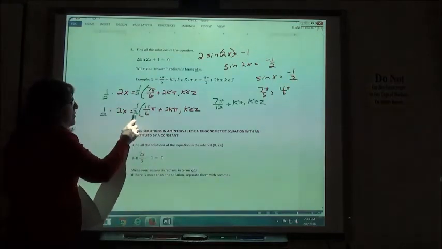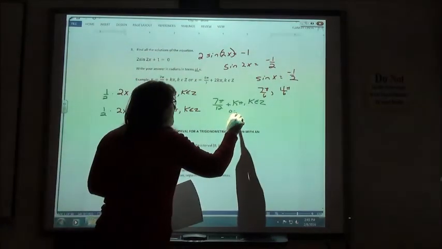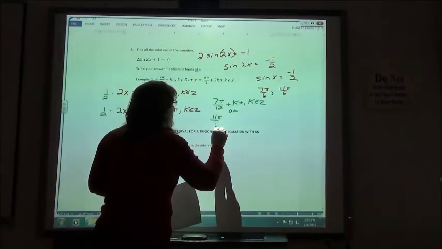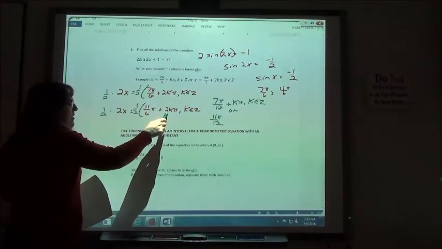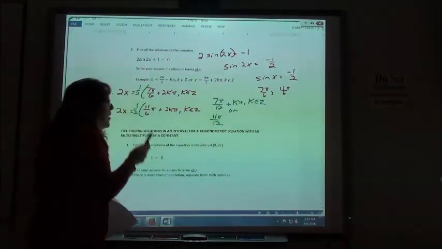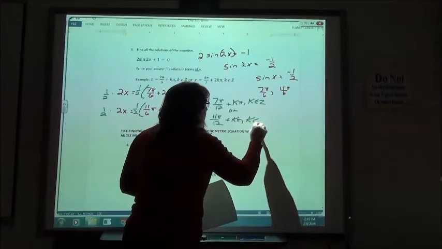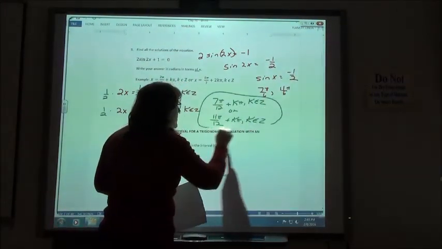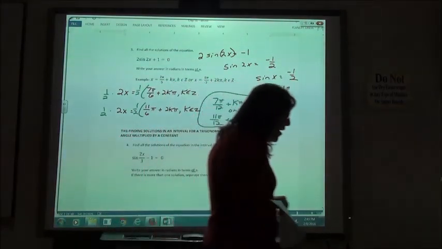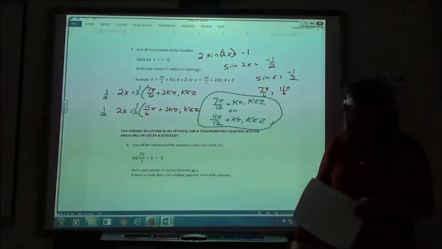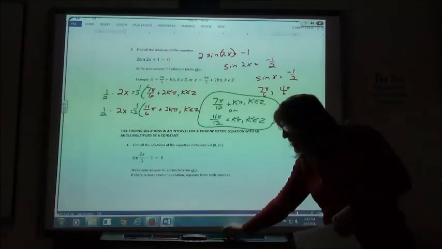Here I would get 11 pi over 12. Again, when I take the 2 times the 1/2, it just gives me 1. So I just have k pi with k being an element of z. So 7 pi over 12 or 11 pi over 12 plus k pi with k being an element of z.